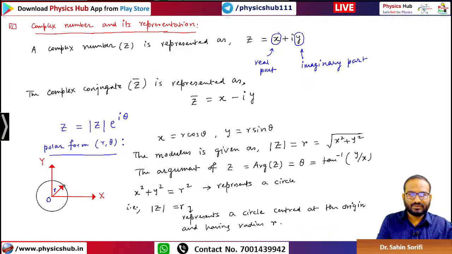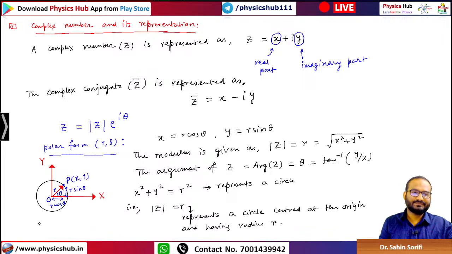Now if you consider any point on this circle, let's say P(x, y), so x and y are r cos theta and r sin theta. This angle is theta, right? As you can see here, this is x, so this is your r cos theta, and this much is your r sin theta.